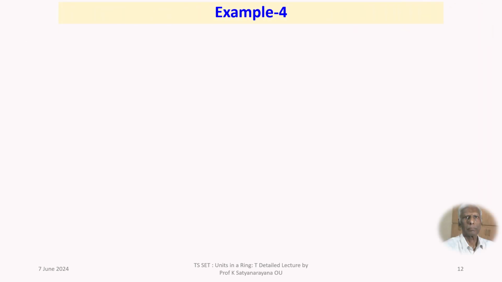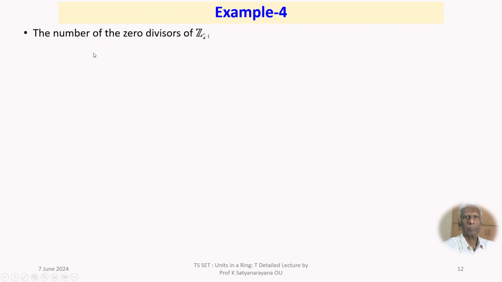But now example 4. Now in Zn, your n is not a very small positive integer, but a big one, let us say. Then how do you talk about units? How do you talk about the number of zero divisors?